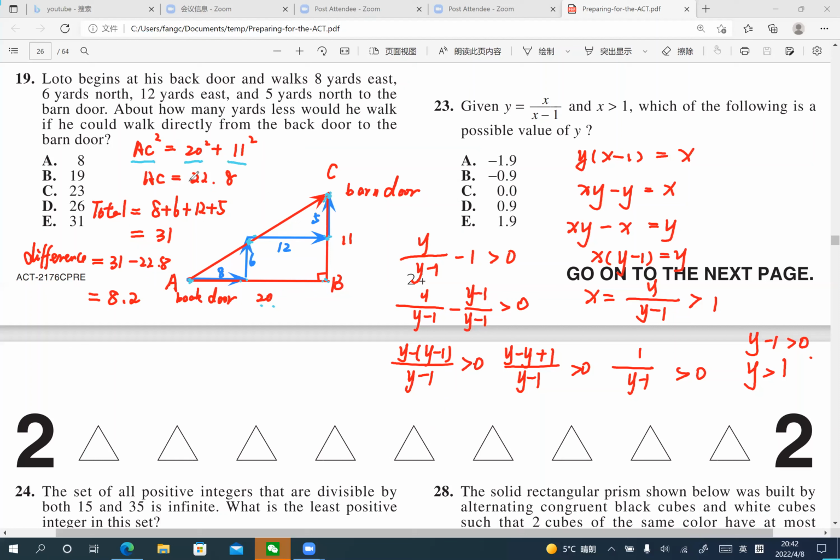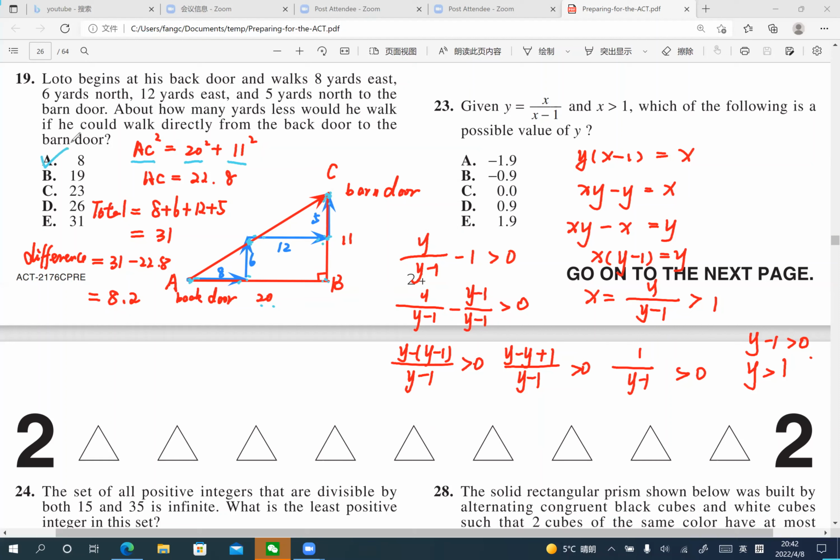Then we do the calculation and find the value of AC is about 22.8. If Lotto walks the first way, the total distance is 8 plus 6 plus 12 plus 5, which is 31. Now we just need to find the difference of those two numbers. 31 minus 22.8 is 8.2. So the closest number is 8. We should choose option A.